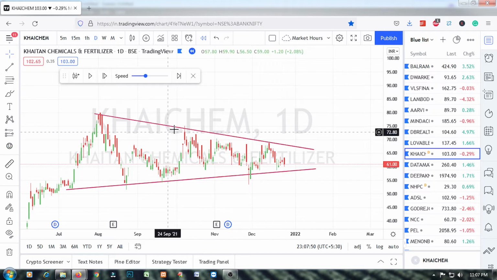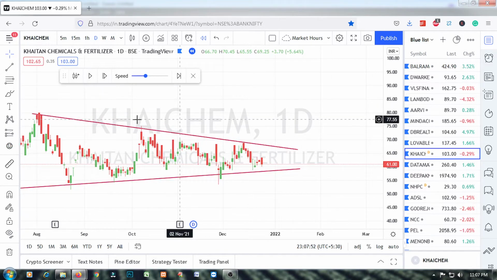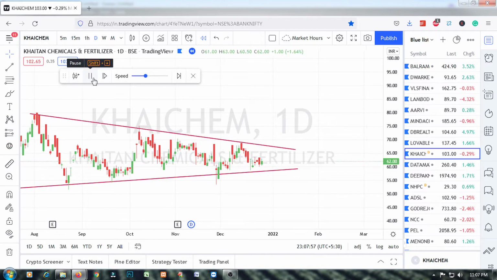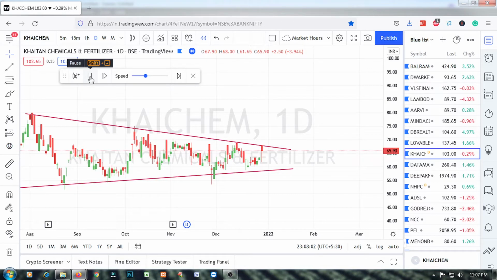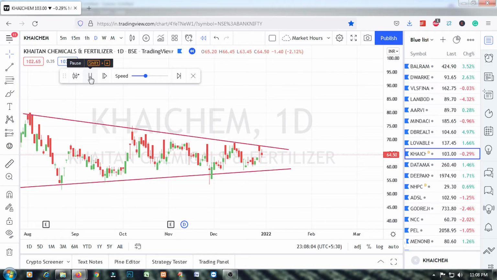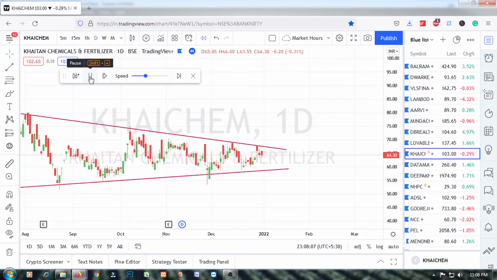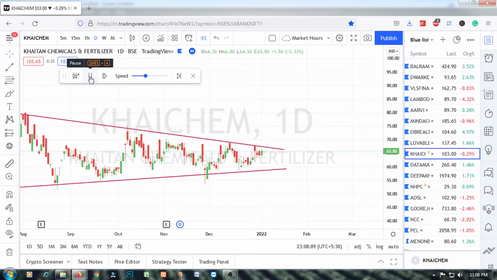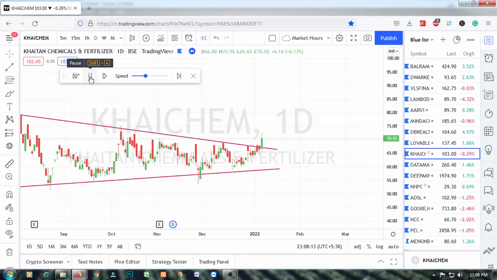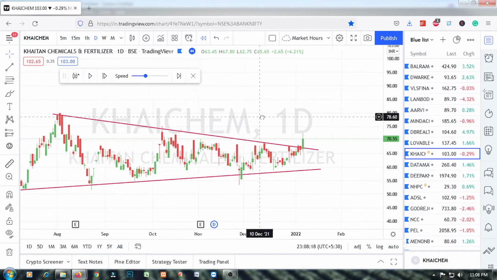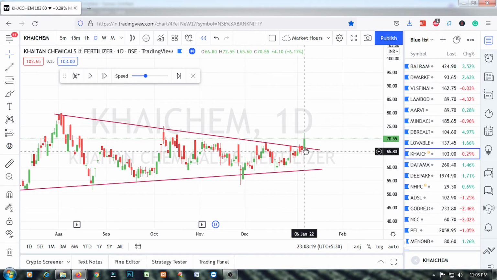So let us replay this candle. It has given a breakout with a bullish candle on 6th January 2022.